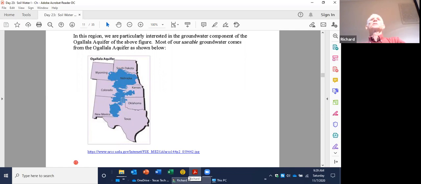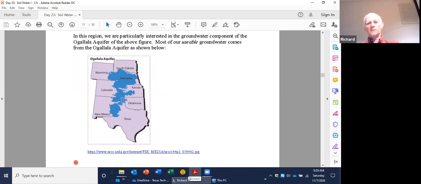These states, or parts of these states, are over the Ogallala Aquifer and use the water that's in it. This is one of the major aquifers for irrigation use in the nation, and it is the major aquifer for irrigation in Texas.